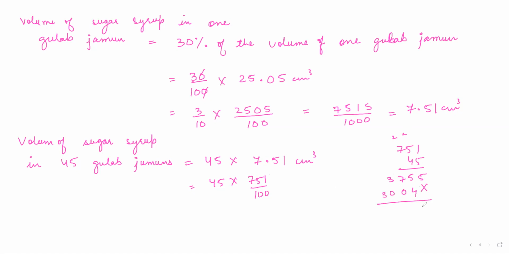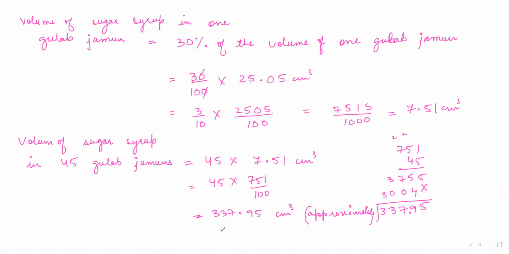Ma'am, 30. 337.95. Yeah, and then you put, yeah, so it will be this 337.95 centimeter cube, and you write approximate, right? Always write approximately with the answer so that a little bit of variation after decimal can be accepted.